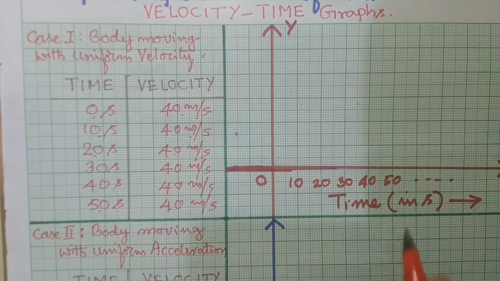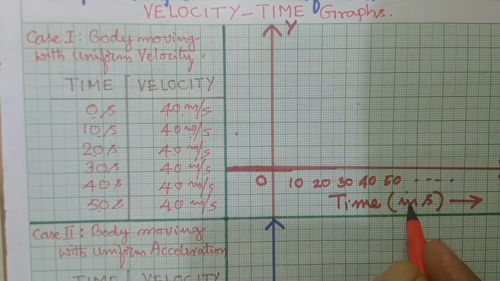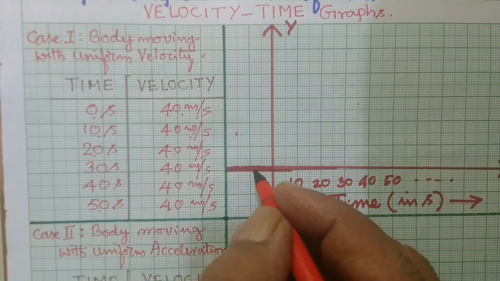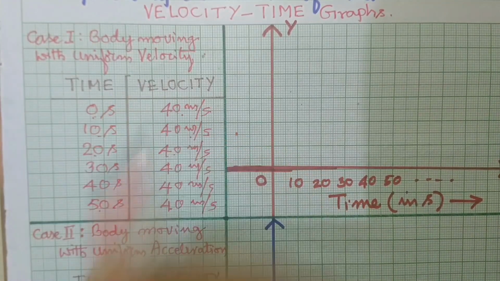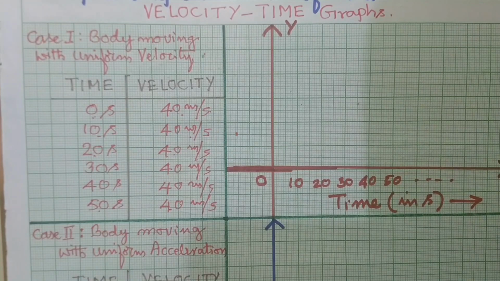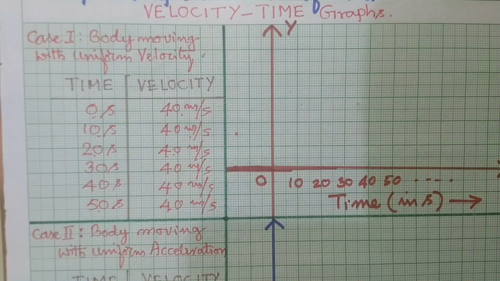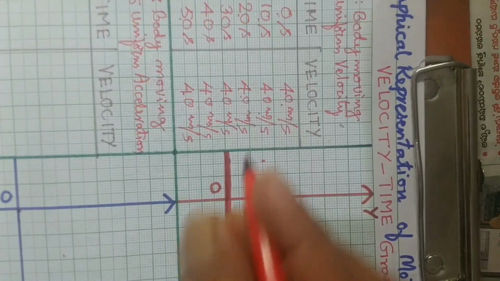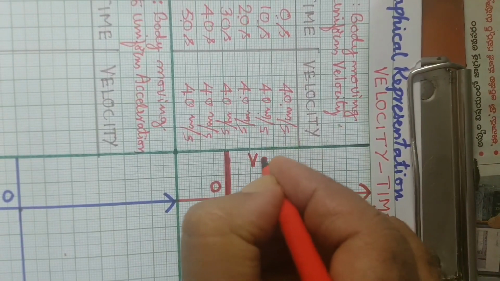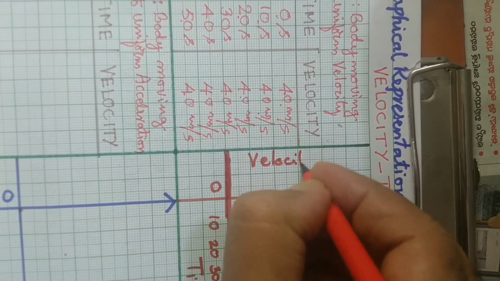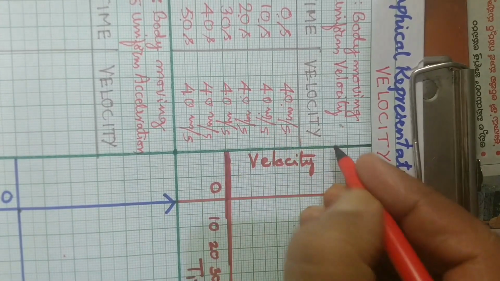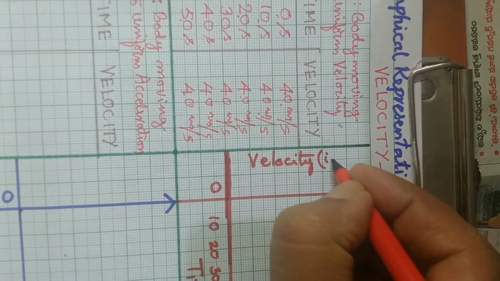Now, on the x-axis, time we have taken, whereas on the y-axis we will take up the velocity. You remember this is a velocity time graph. This is not a distance time graph. So I'd like to take the velocity here. What is the unit we are having here? In meter per second.